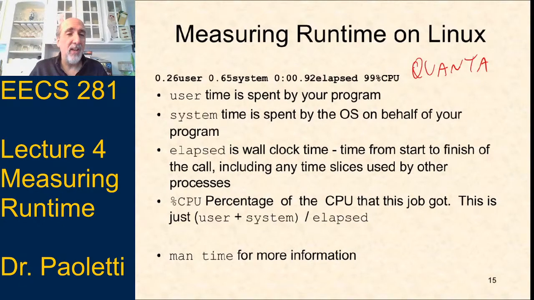And then a quanta later, it yanks the CPU away from your program and maybe gives it to someone else to do something like virus checking or running a browser or whatever. And then at some point, when there's a CPU available, your process gets it back. And your program doesn't know that. But that's why user plus system generally adds up to less than the wall time, because there's time where your program is not actually running even though wall time is passing.